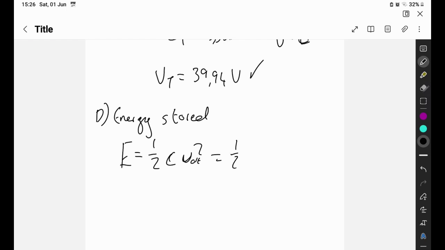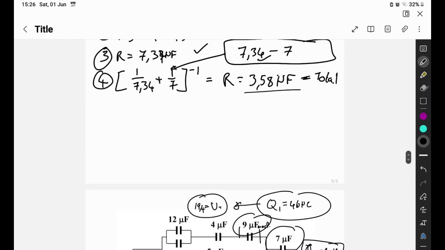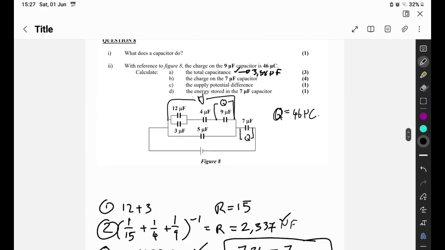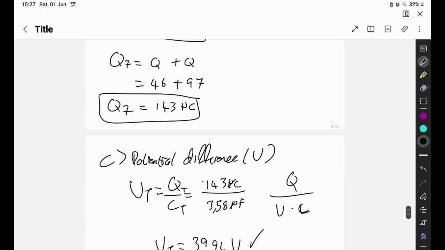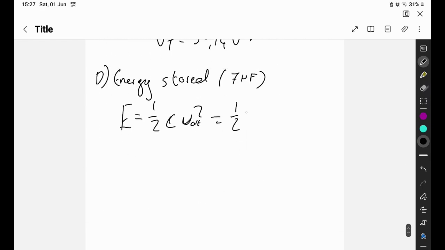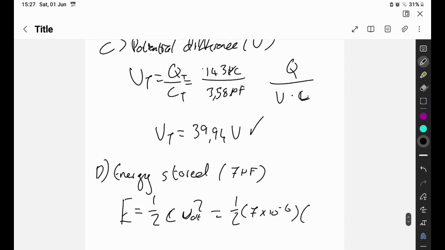So we're going to do a half times 7 times 10 to the minus 6 multiplied by the voltage.